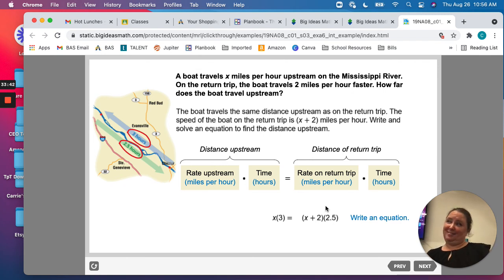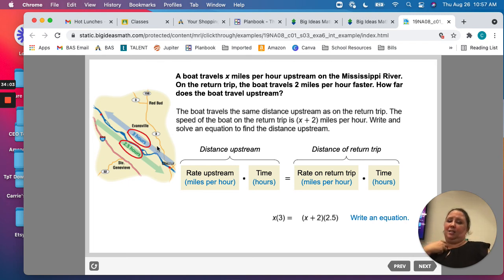What happened is we created an equation so we can solve for x. X is how many miles per hour we went on the boat. We go faster downstream than upstream, which is why we have this x plus 2, because we know we're going 2 miles per hour faster. We're trying to find the speed that we took.